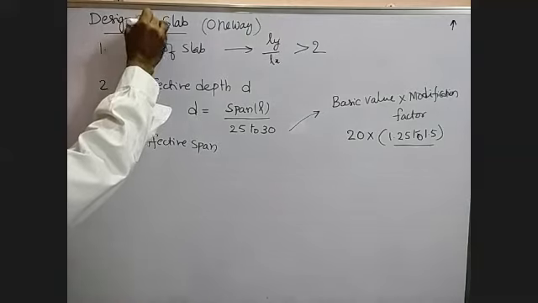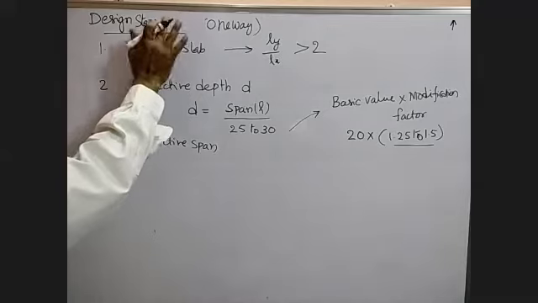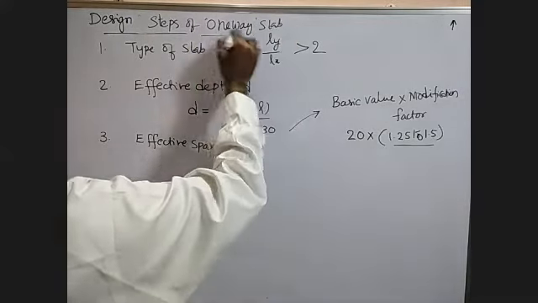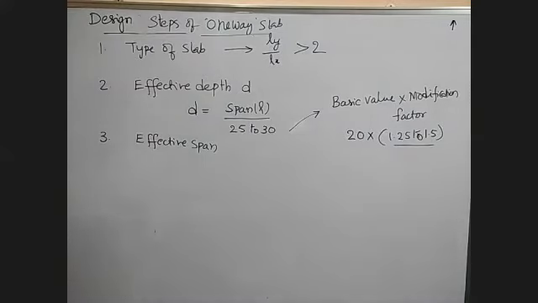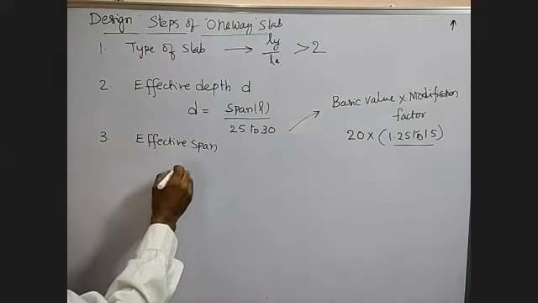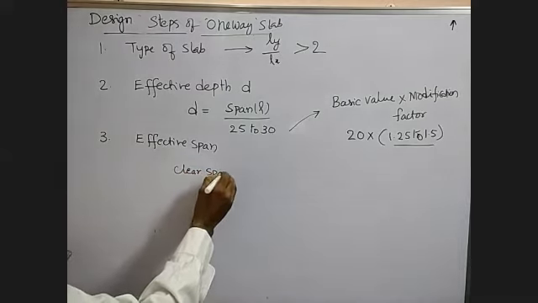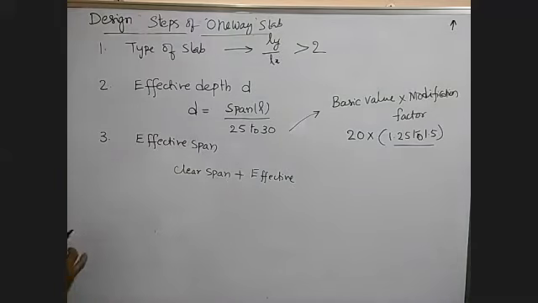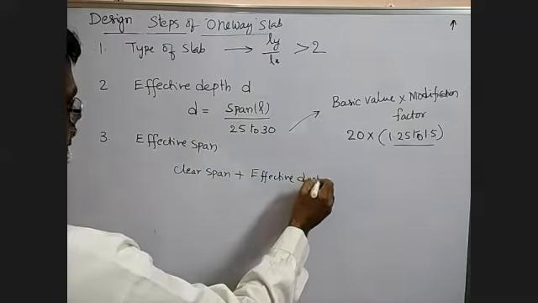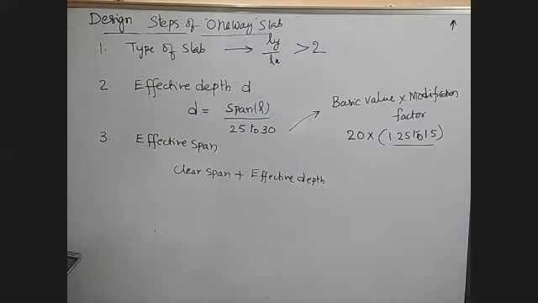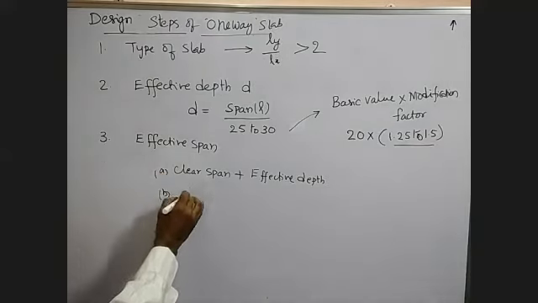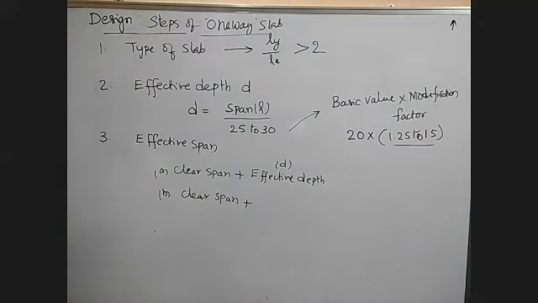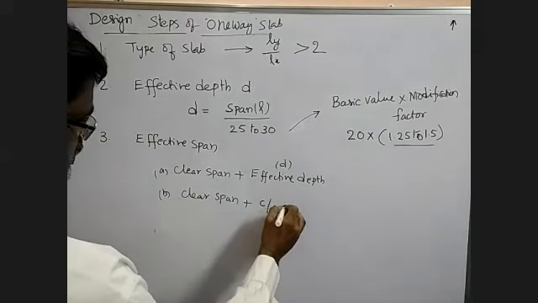Design steps of one-way slab. The effective span is equal to clear span plus effective depth, or clear span plus center to center of supports.